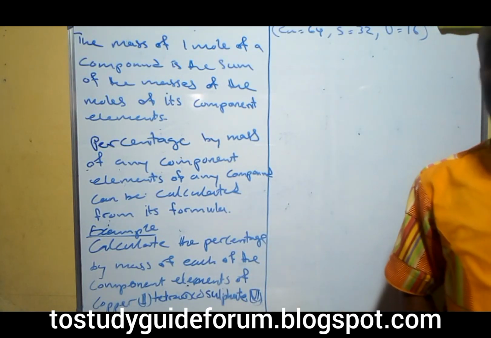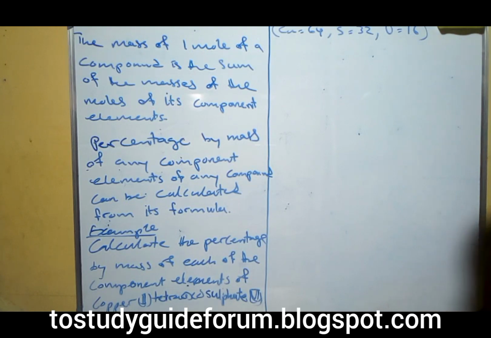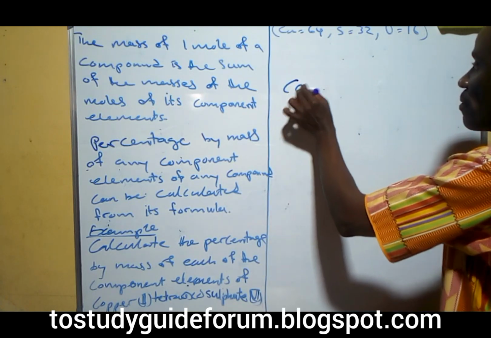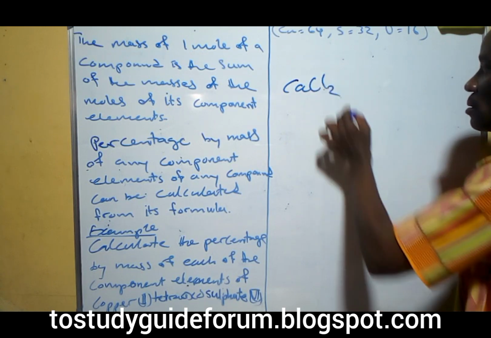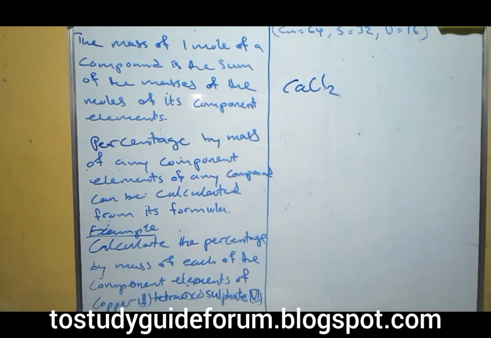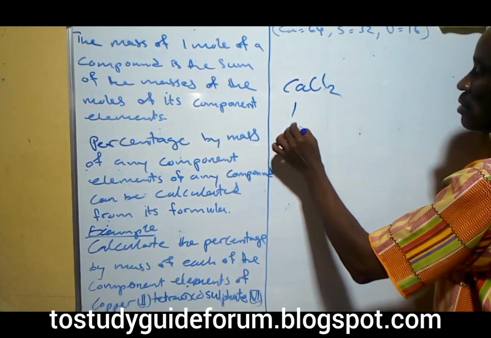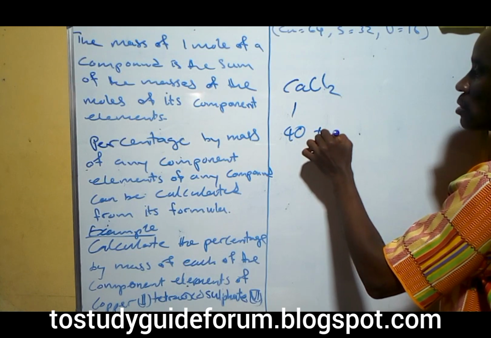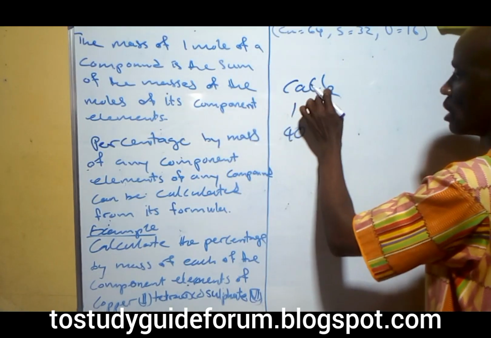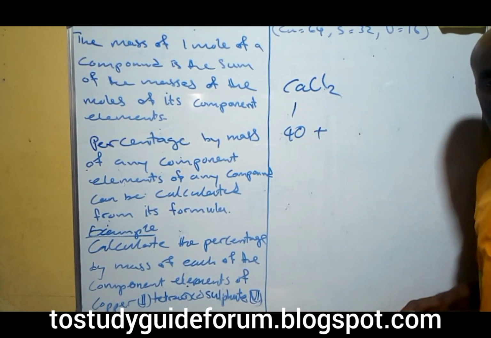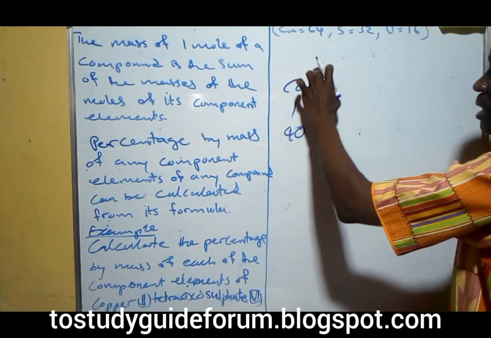So in this case now, just like the definition there, let's say we have calcium chloride. Now, calcium chloride, we know that calcium is 40. The component elements in calcium chloride are calcium and chlorine.